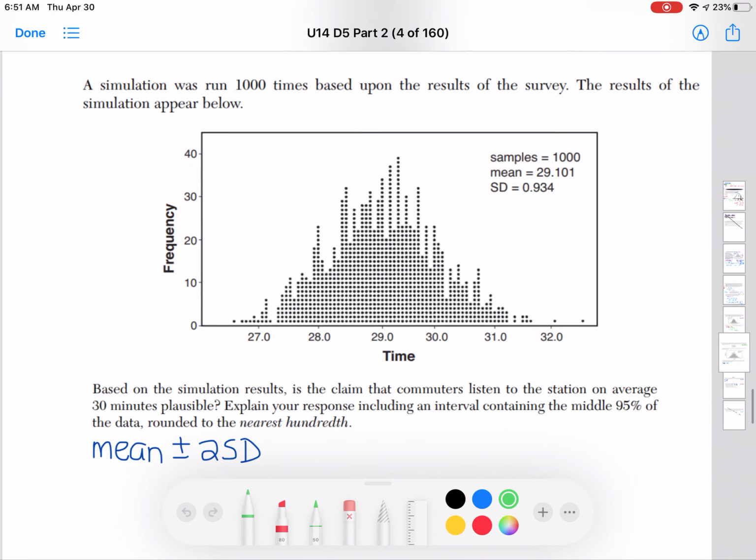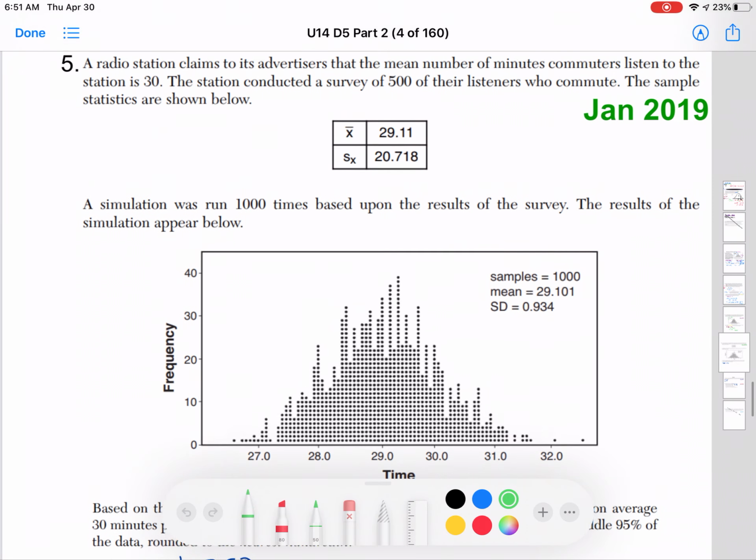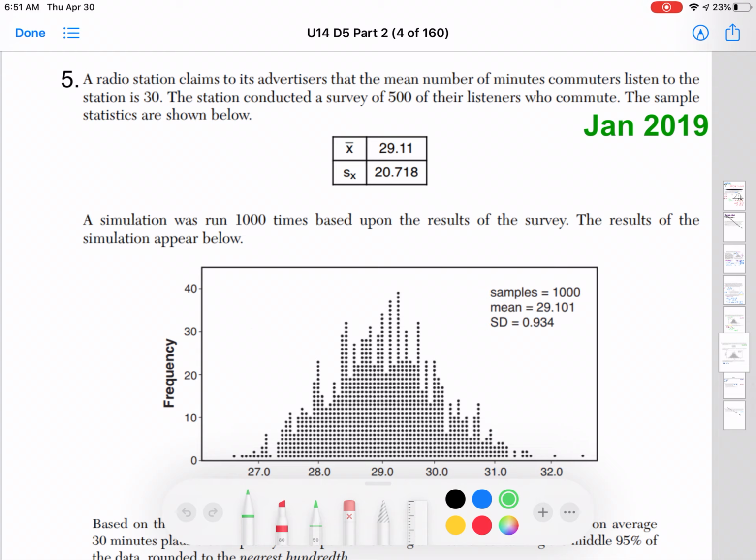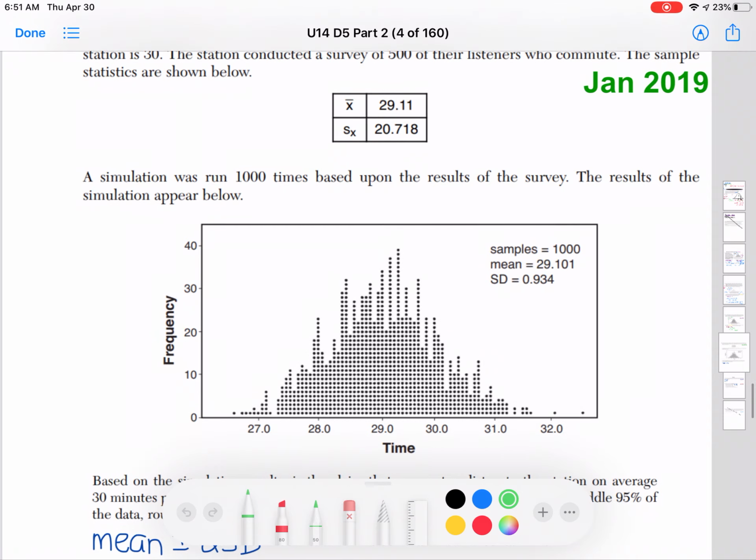All right, number 5, same idea again, just different story. It says a radio station claims to its advertisers that the mean number of minutes commuters listen to a station is 30. A station conducted a survey of 500 of their listeners who commute, and the sample statistics were below. So we have our mean, and then Sx, that's our sample standard deviation.